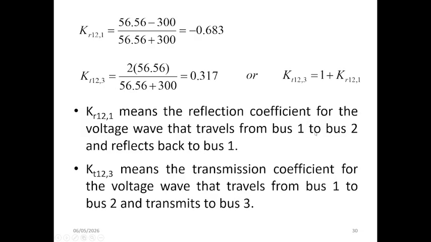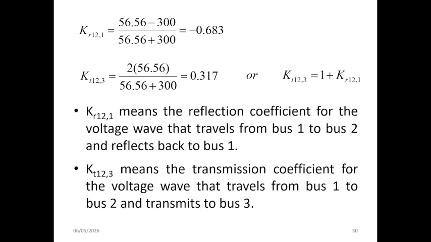This slide explains the concepts of reflection and transmission coefficients for traveling voltage waves at the junction between bus 1, bus 2 and bus 3 in this case study. The reflection coefficient KR 1,2 can be calculated using the surge impedance values of the connected lines.